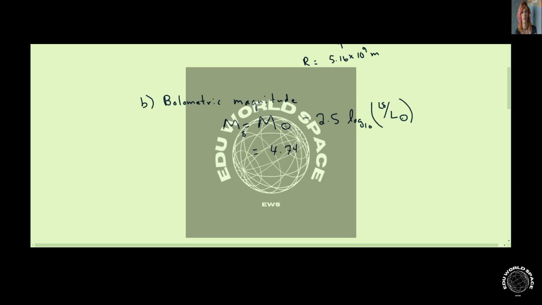For our sun, we put in its absolute magnitude, and then we use the ratio of the luminosities.